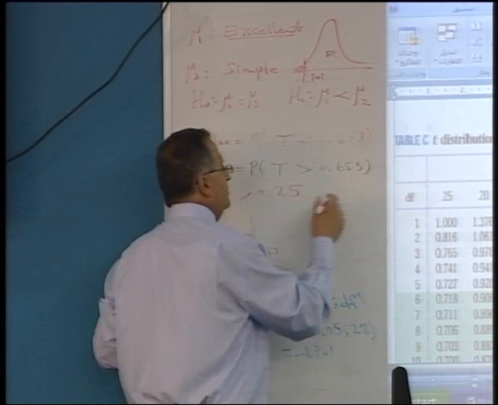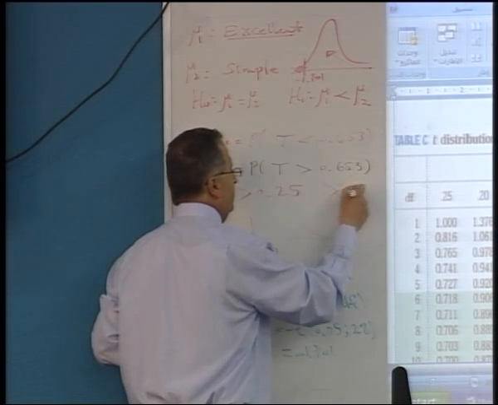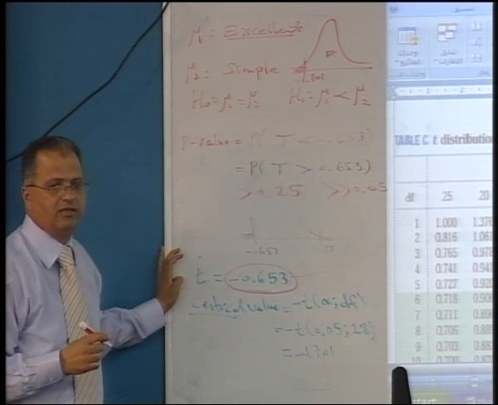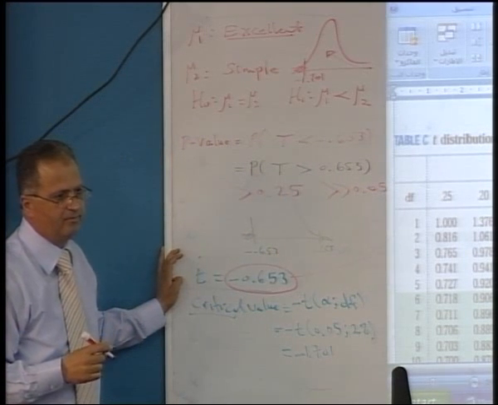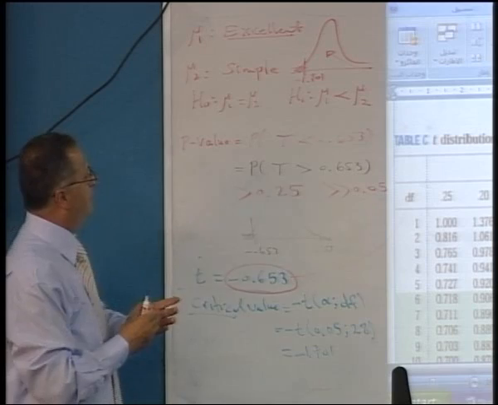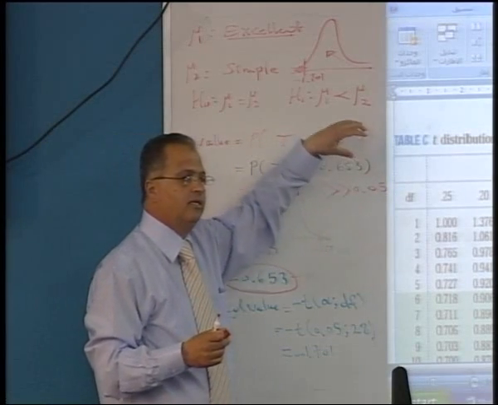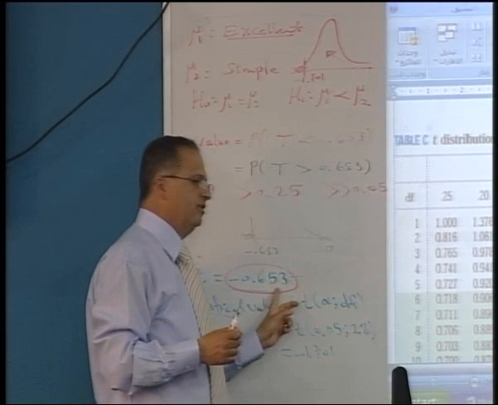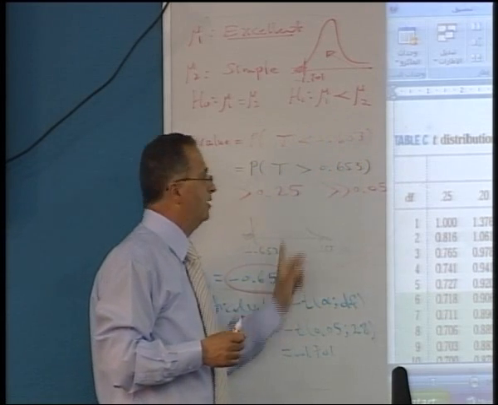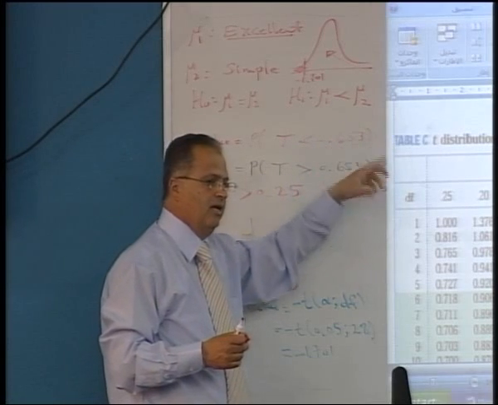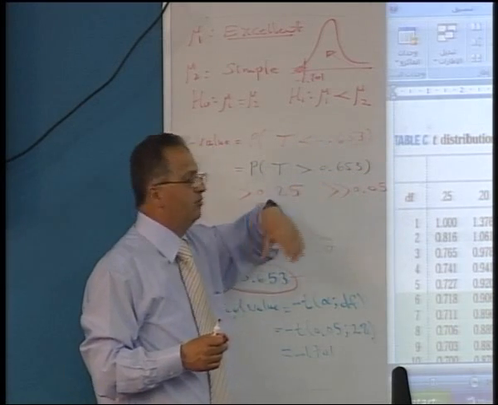This value actually is much bigger than 5%. So again, we don't reject the null hypothesis. So again, to compute the p-value, it's the probability of t smaller than the value of the statistic, which is negative 0.653. The table you have gives the area to the right.